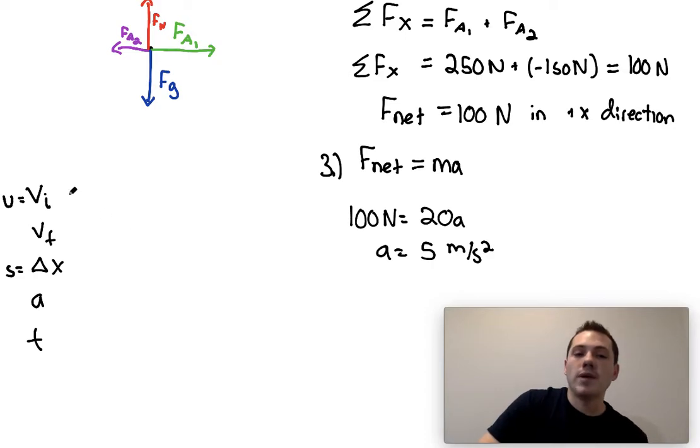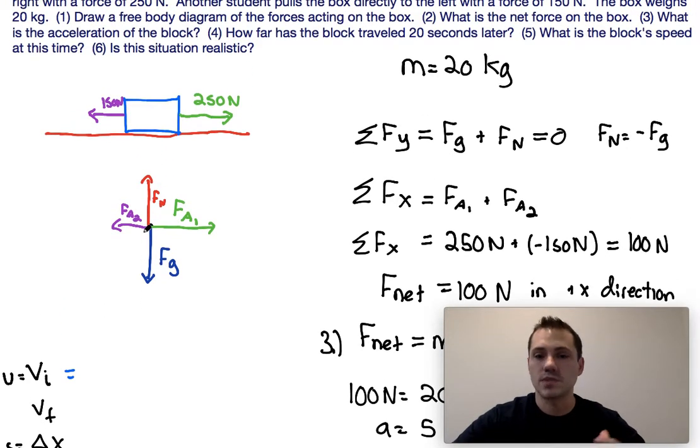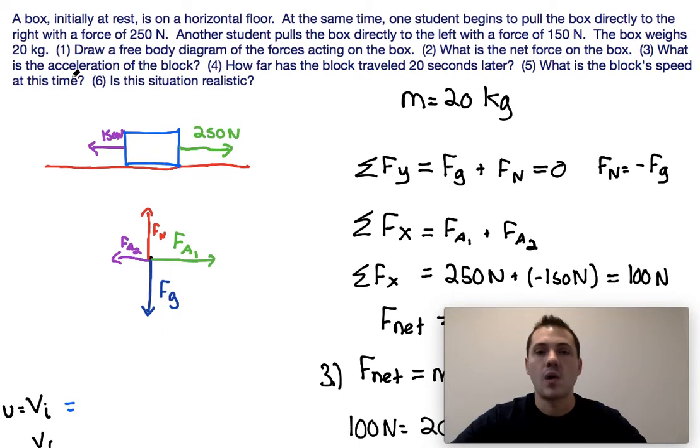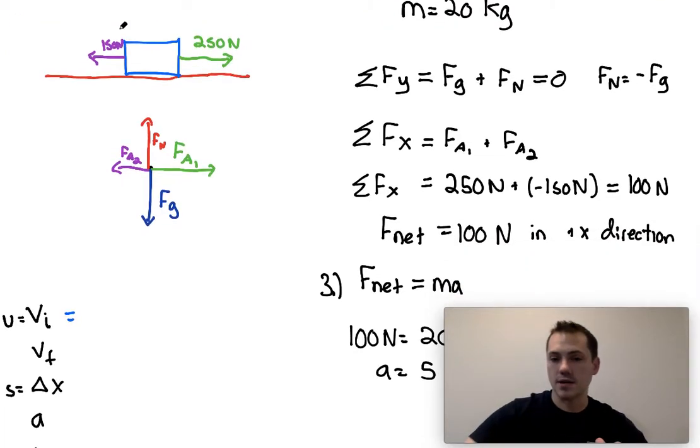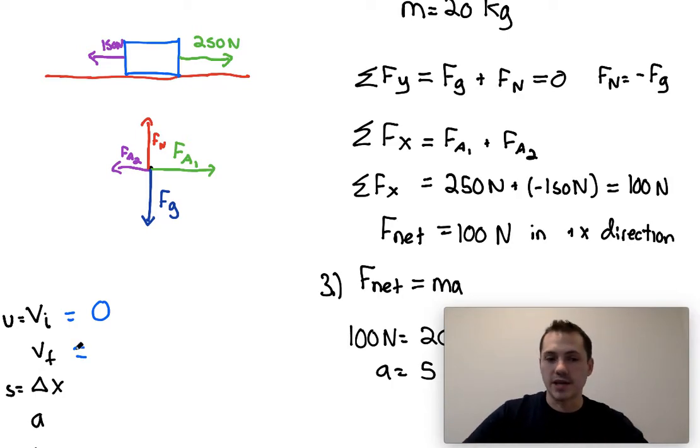So what we know, if we go back to the question here, is we can figure out some of these values. So the first one we can figure out is a box initially at rest. Well, if it's initially at rest, it's not moving, and therefore we know its initial velocity is 0. The final velocity, we're not given any information that we can use to figure that out at this time.